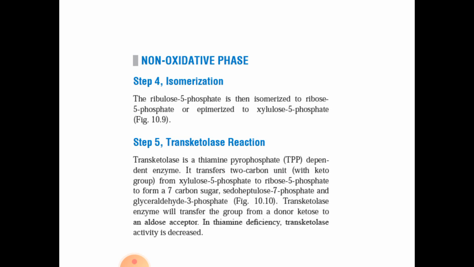It transfers a 2 carbon unit from xylulose 5-phosphate to ribose 5-phosphate to form the 7 carbon sugar sedoheptulose 7-phosphate, and glyceraldehyde 3-phosphate is also formed. Transketolase transfers the group from a donor ketose to an aldose acceptor, and in case of thiamine deficiency, transketolase activity would be reduced because it is a thiamine dependent enzyme.